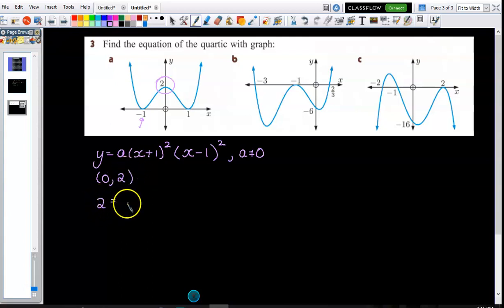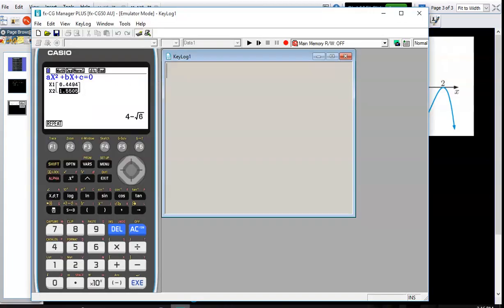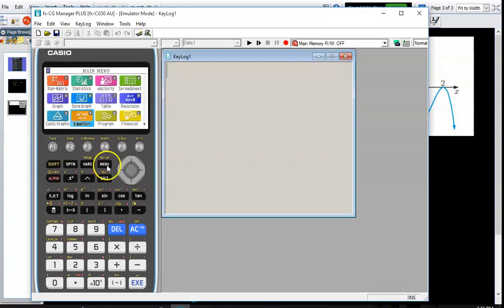So 2 equals A times, I'm not even going to write 0 plus 1, because we know 0 plus 1 is just 1. 1 squared, 1. 0 take 1 is -1. -1 squared is 1.